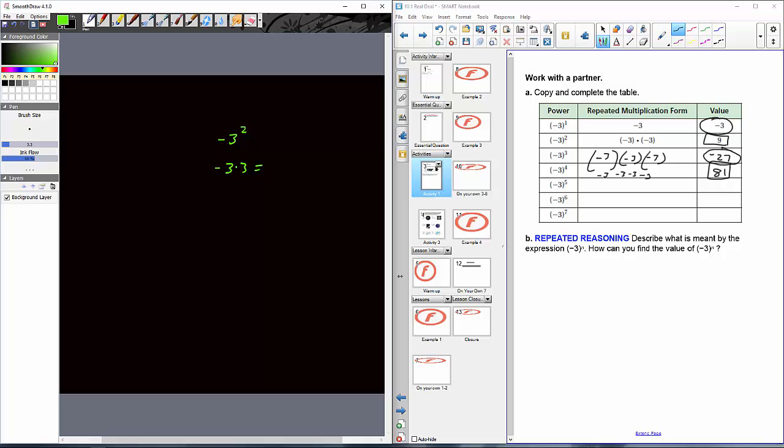This one here would be negative 3 times, and then there's a total of 5 3's, right? That's 1, 2, 3, 4, 5. See how that's different than what I have here? This one's saying that I'll have negative 3 times negative 3 times negative 3 times negative 3 times negative 3. 1, 2, 3, 4, 5. And I'm doing that because the whole thing's in parentheses.